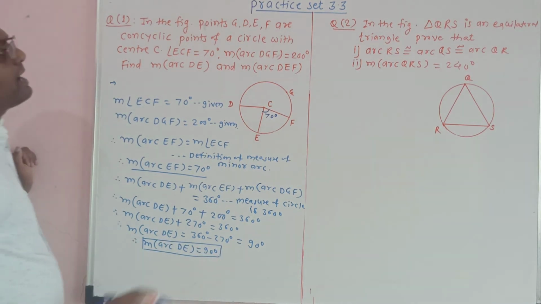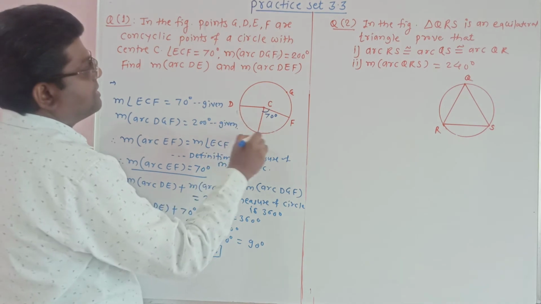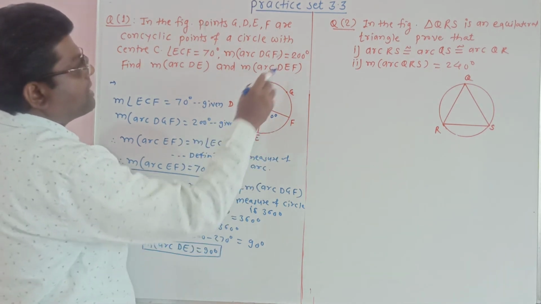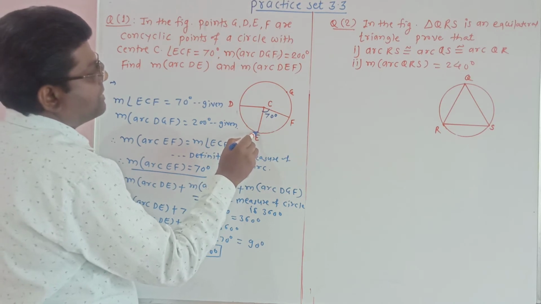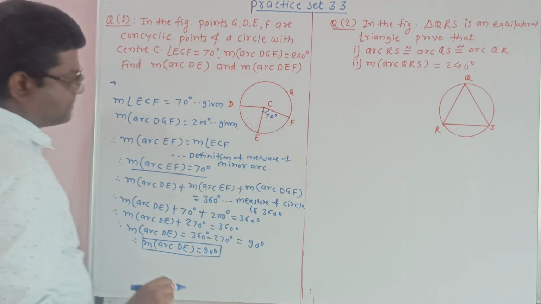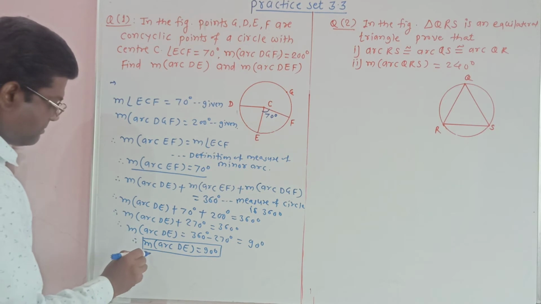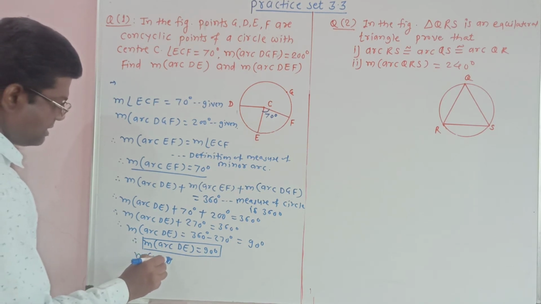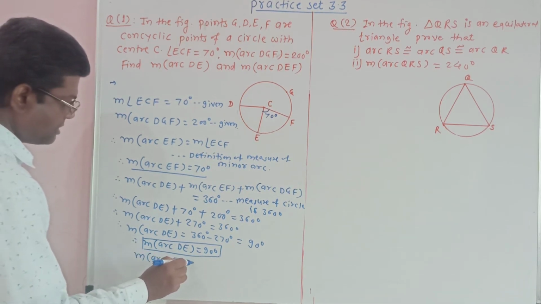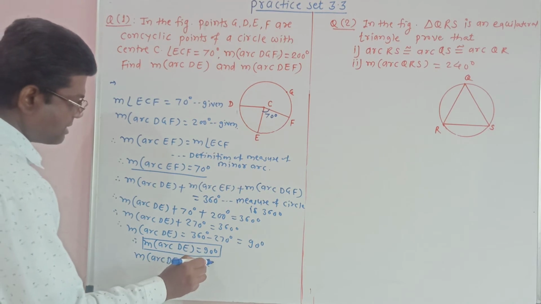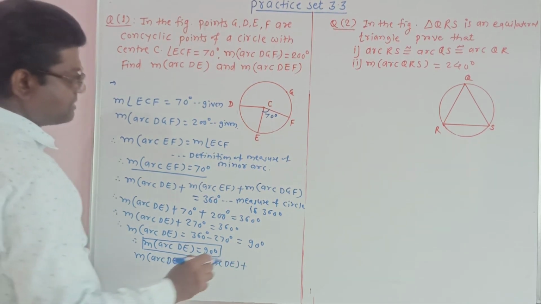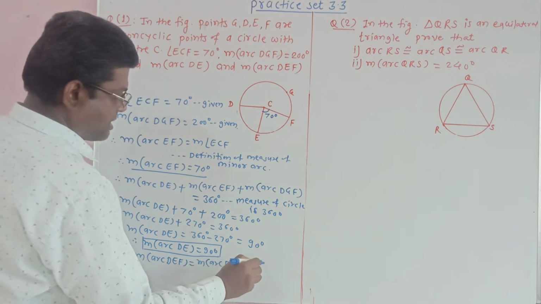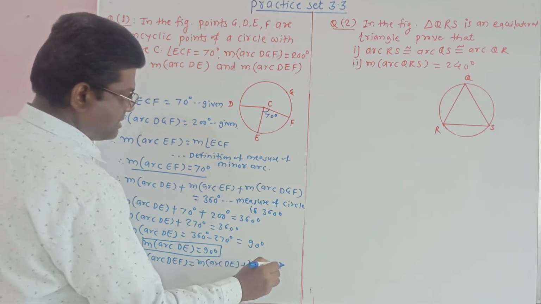Now we have to find measure of arc DEF. Measure of arc DEF is equal to measure of arc DE plus measure of arc EF.